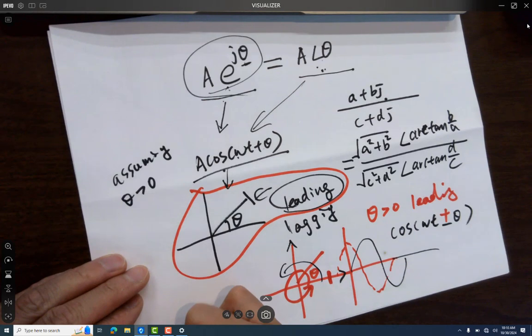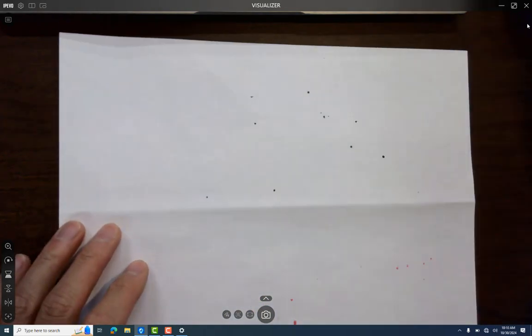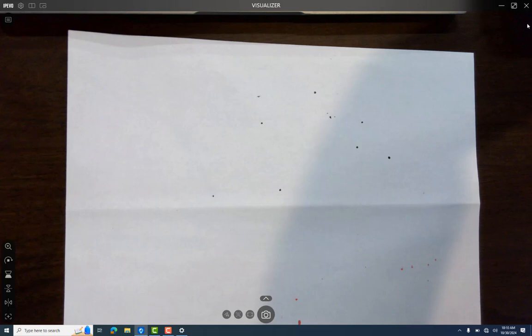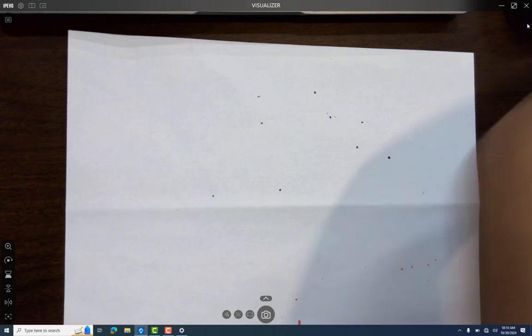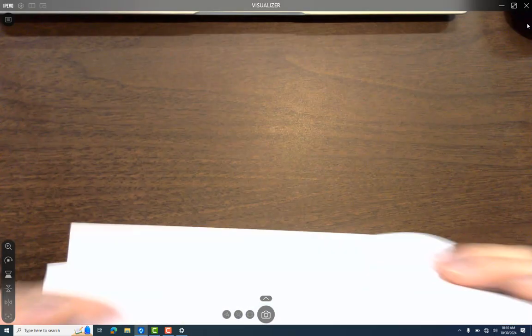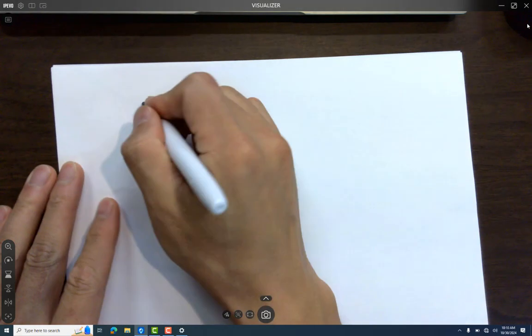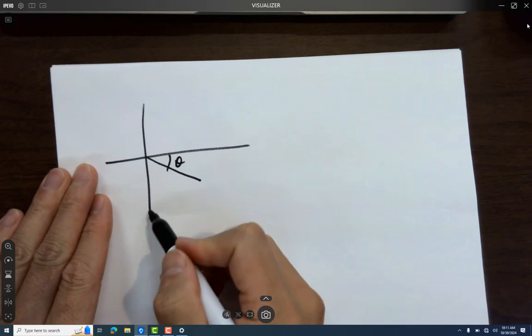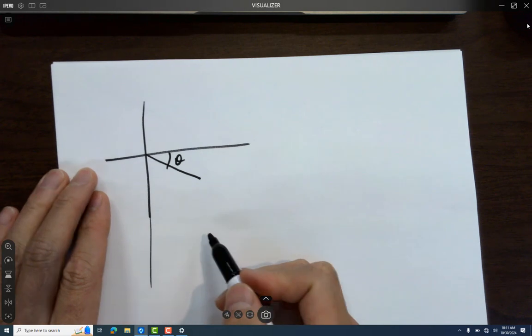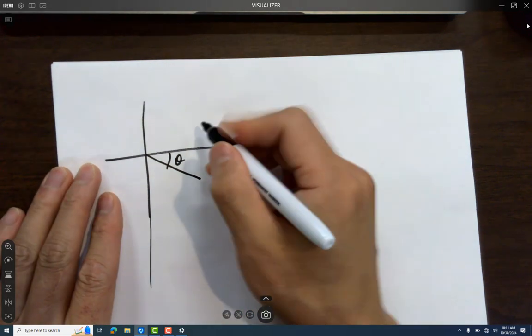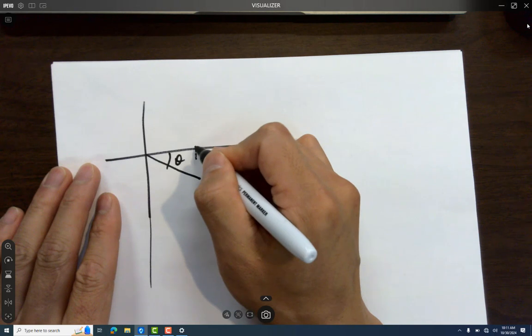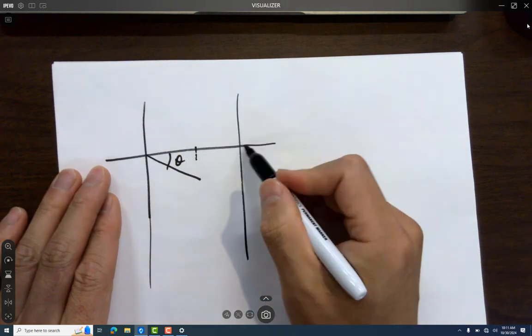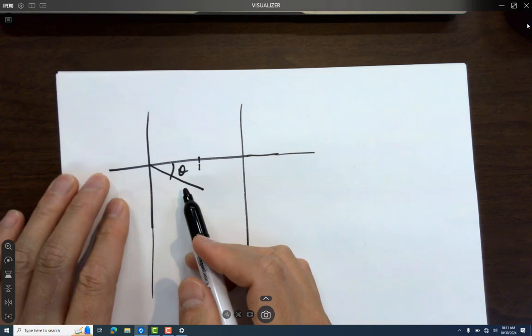Make sense? This will solve a lot of problems. Draw this. I'm using a sine wave as a reference, but if you do a cosine wave on this axis, it's going to be the same case. So if I draw it this way for the sine wave, is this leading or lagging?